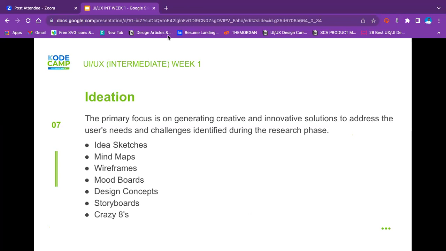Now, the empathizing phase is the phase where you get to conduct your research and all of that. So that phase is when you get to gather insights on the exact problem you're trying to solve. I just listed it as the research phase, because anything you're doing in that phase is mostly conducting research.